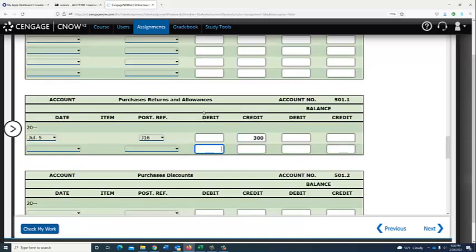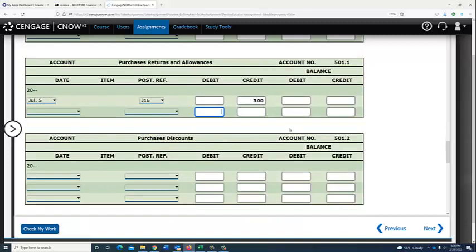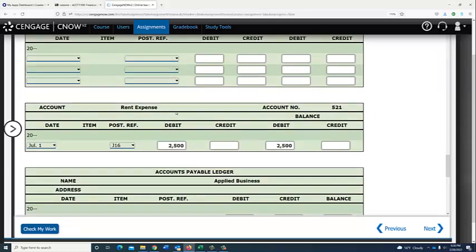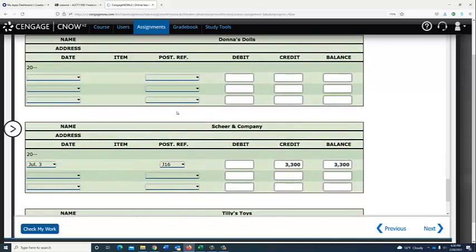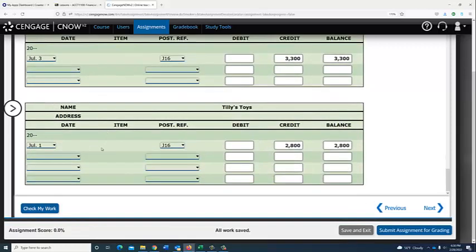Remember, purchases has a normal debit. Purchase returns and allowances is a contra account, so it has a normal credit. We'll just move that credit over. And now we need to update Tilly's account. So accounts payable was debited to Tilly's. It was on the 5th.